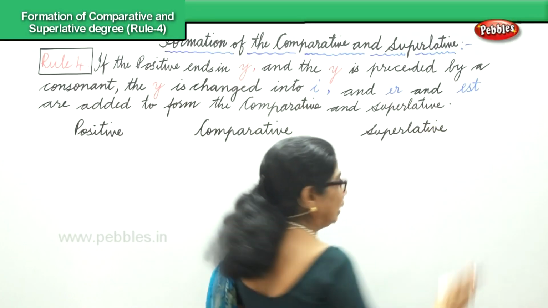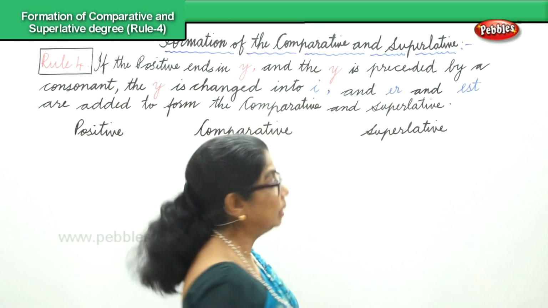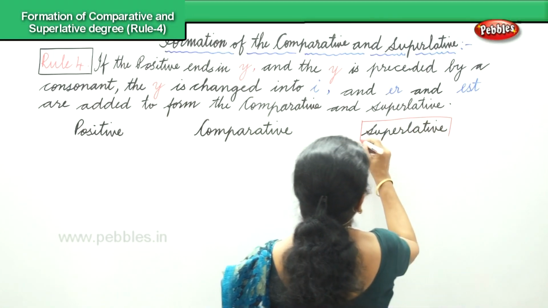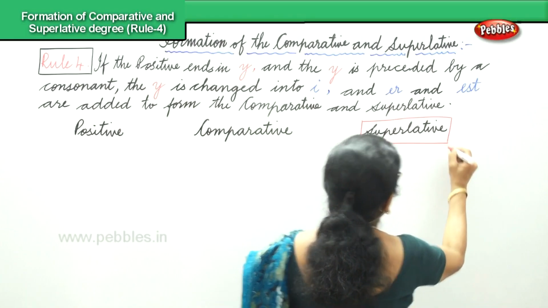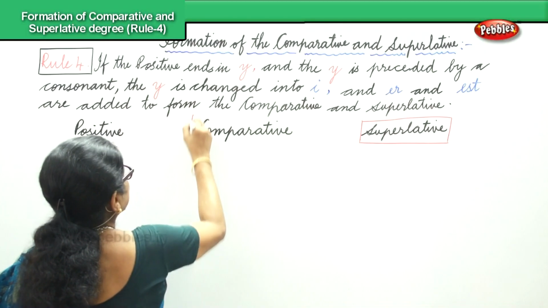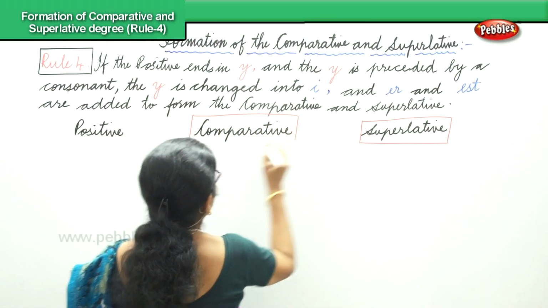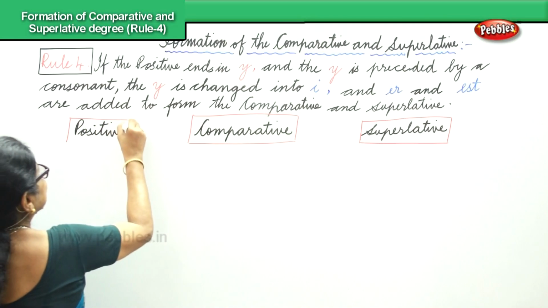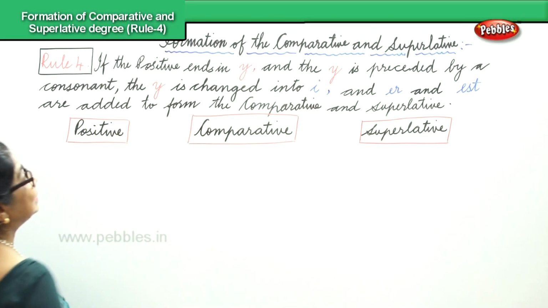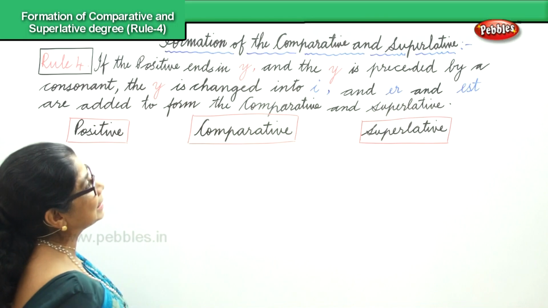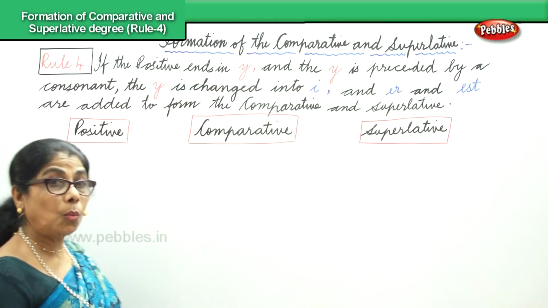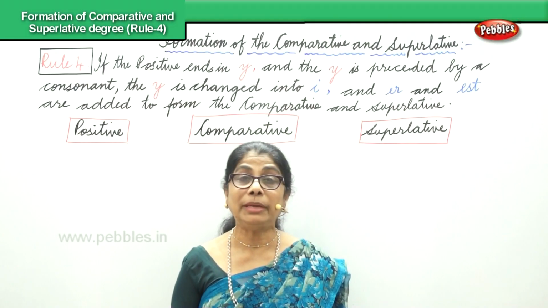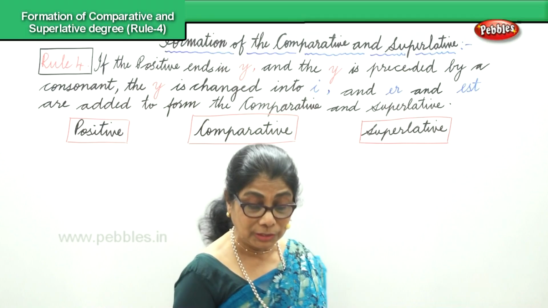So now we're going to look at how the 3 degrees are formed in adjectives in rule number 4. What does the rule number 4 say? If the positive ends in Y and Y is preceded by a consonant, Y is changed to I, then you add ER and EST in the formation of comparative and superlative.